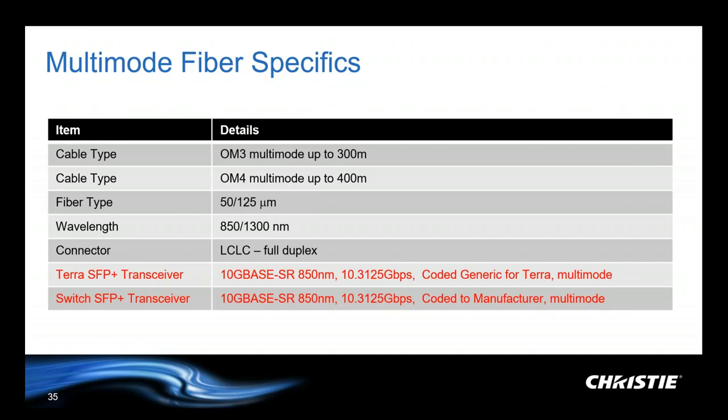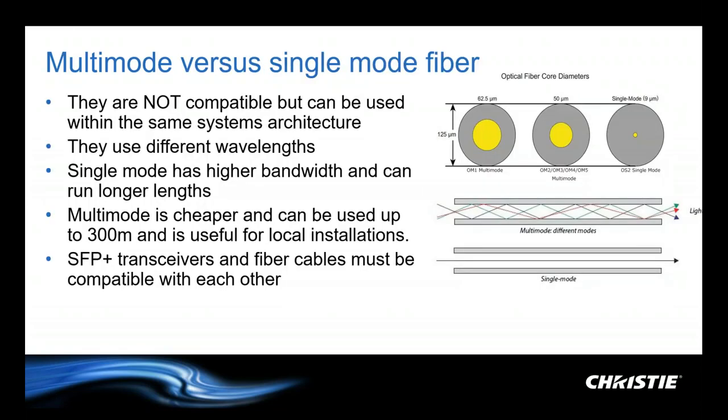A little bit about multimode and single mode fiber again. They're not compatible, as you can see. The wavelength is different, and the cables are different as well. The cable on the left is OM1 multimode. The cable in the center is OM2, 3, 4, and 5 multimode, and the cable on the right is OS2 single mode.